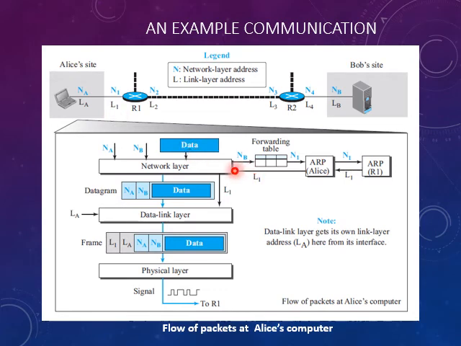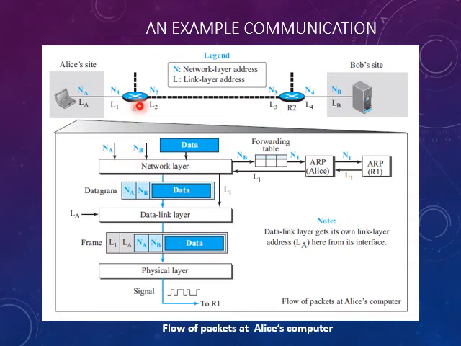Okay, so the destination network address is sent to the forwarding table, and the ARP request is sent to all the hosts in the network, and the particular router. So this router sends back the reply.